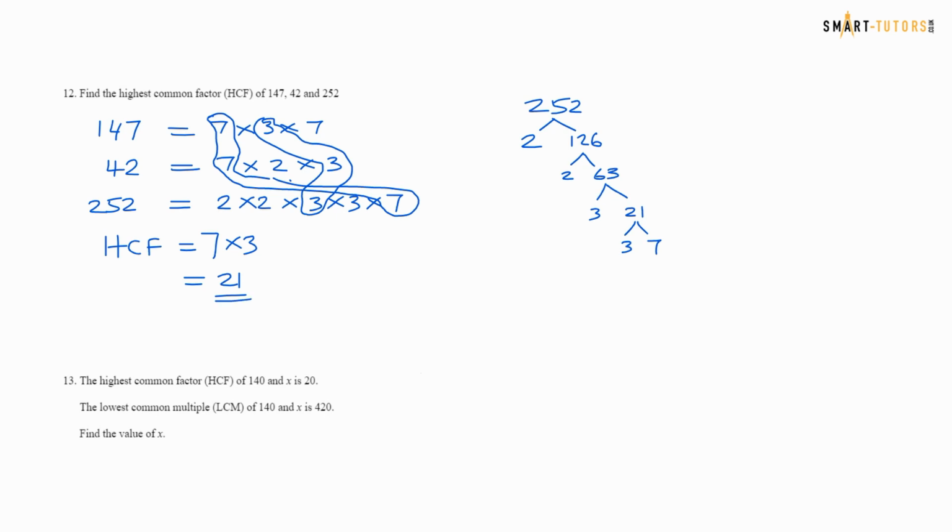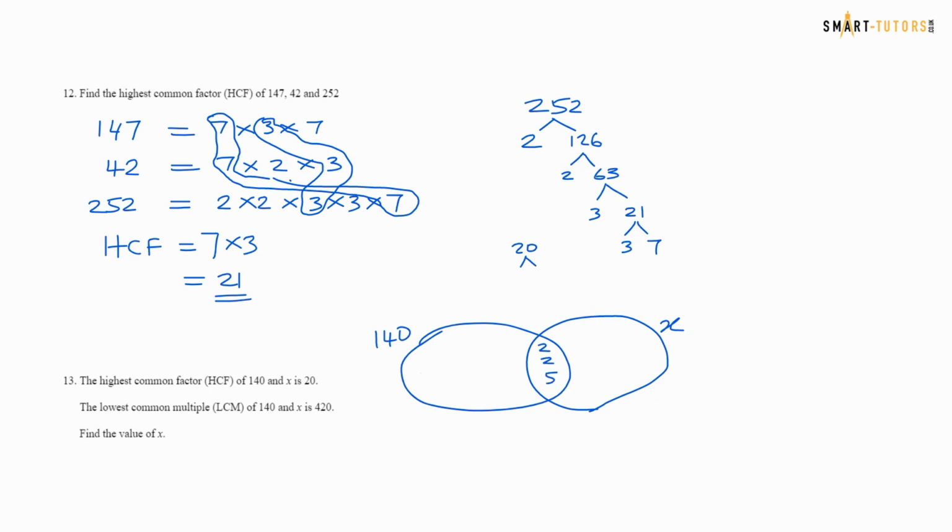Question number 13. The highest common factor for 140, so let me draw the two circles, and x is 20. So I put 20 in the middle, made out of 2, 2 and 5.